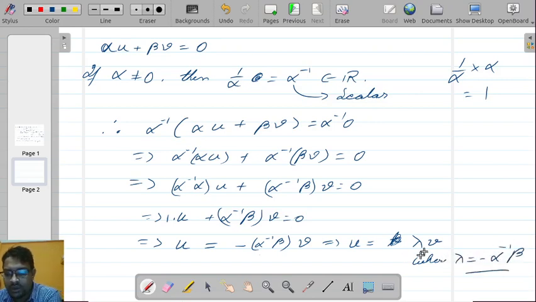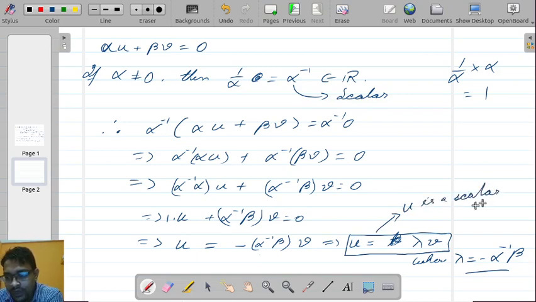So lambda is a scalar, and we say that u is a scalar multiple of v.